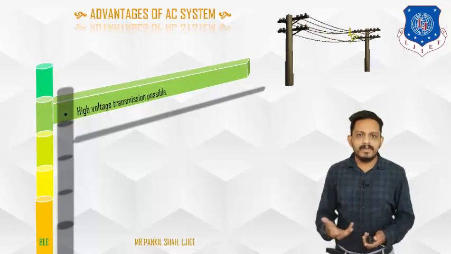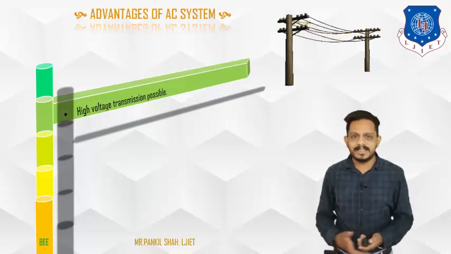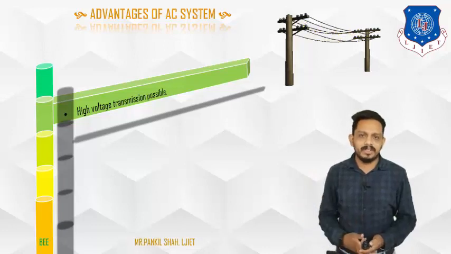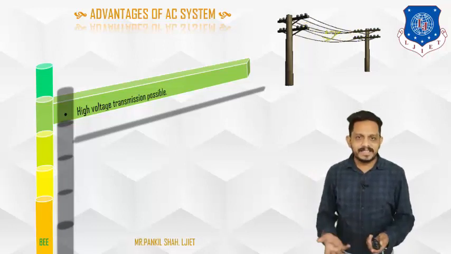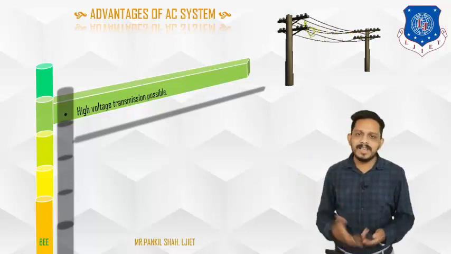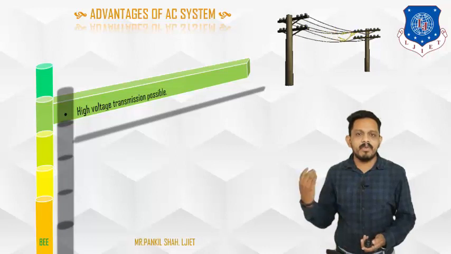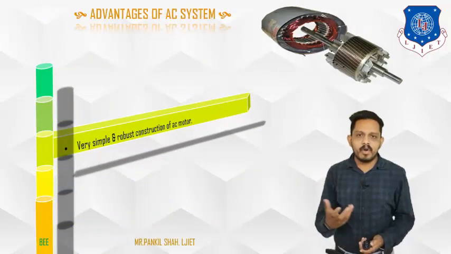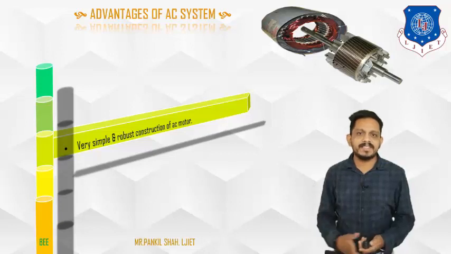Whenever we generate electricity, it is necessary to transmit that electricity from one place to another. With the AC system, AC electrical energy is easy to transmit over long distances. Third is the very simple and robust construction of AC motors.